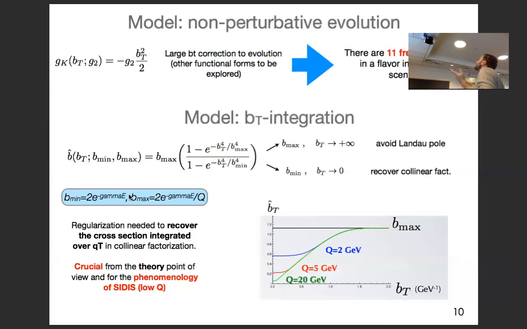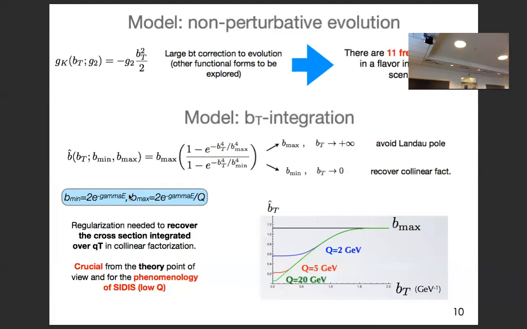So here, either you put a b-min prescription, so you cut off your integral at some b-min, or you resort to other schemes, for instance, the complex b integration, which was proposed at the beginning of 2000, or I mean, there are many procedures that have been proposed to overcome these problems.